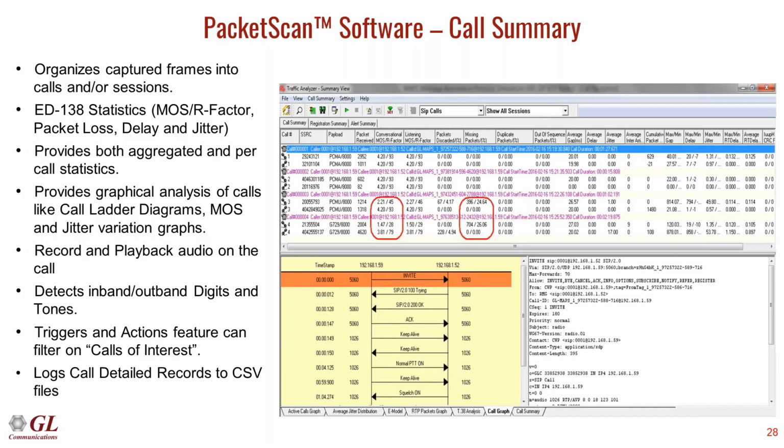We also have the option to store all the call detail records, which can be dumped to CSV files. So you have complete details to view offline, or you can share the report with your colleagues.